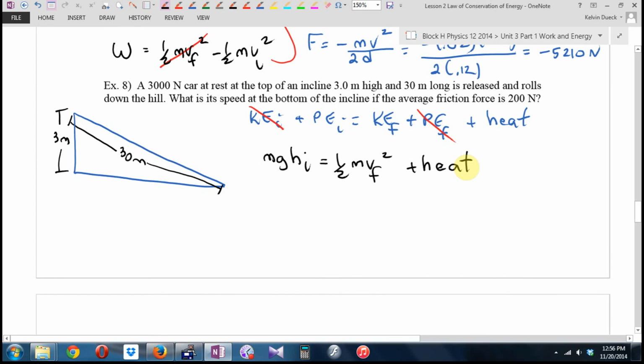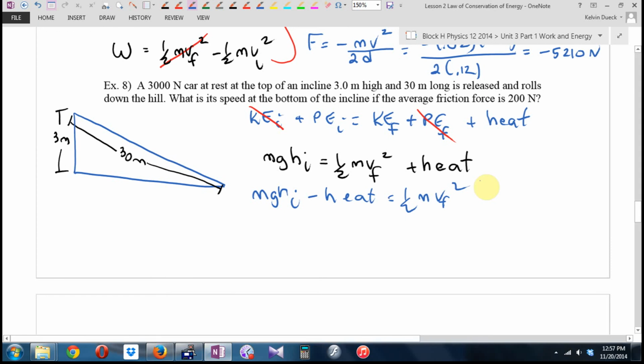What'd you say, Noah, this question was asking me to find? Let's get the v by itself. Before I divide by m or anything funky like that, what am I going to do with that heat? Okay, so I'm going to get this: mgh initial minus heat equals a half mv final squared. What did you say I'm trying to get by itself, Noah?